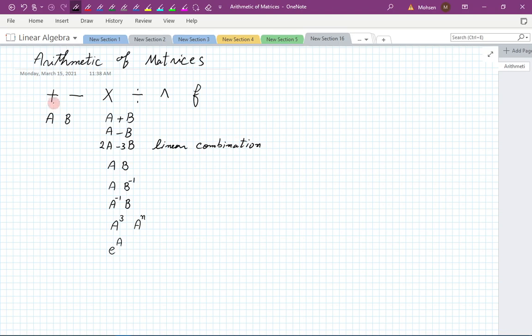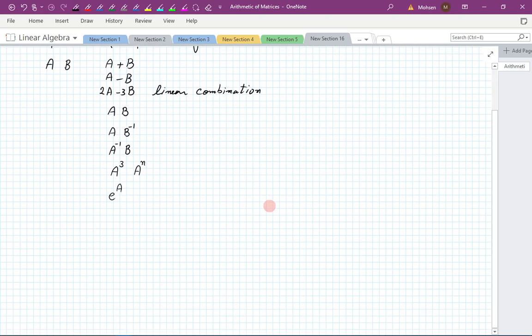The easy ones are going to be addition and subtraction, and just some notation about matrices themselves. So first of all, what's a matrix? We have seen them, of course. A rectangular array of numbers.